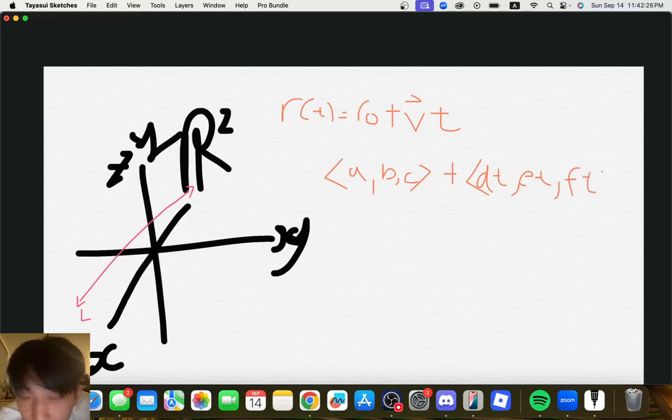You see my notes? Oh yeah, and then it's equal to r of t, which corresponds to x, y, and z.